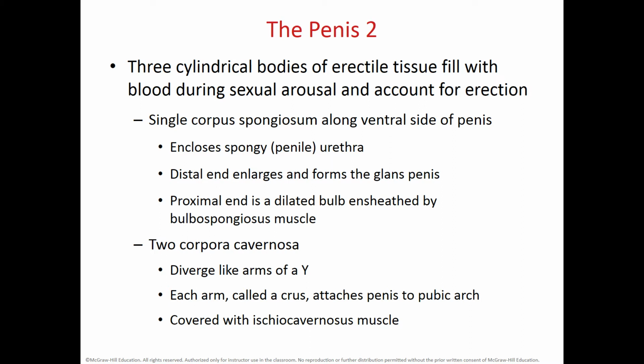Now, the proximal end, or the end that is close to the root, is encircled by the bulbospongiosus muscle, while the base of the corpora cavernosa, the one that is located at the root, is called the crus, and this is covered by the ischiocavernosus muscle, which helps to stabilize erection.